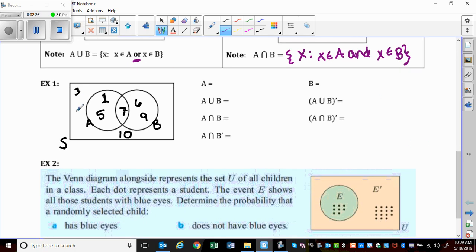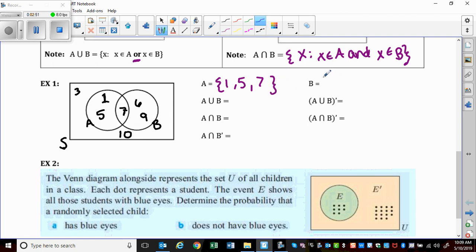So let's do an example. I just wrote some numbers in here. So this is my set. A is this circle, B is this circle, and I wrote some numbers in between. So, given these numbers, A has the set 1, 5, and A also has 7 in it.